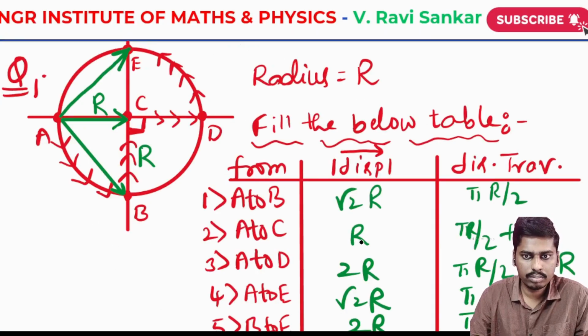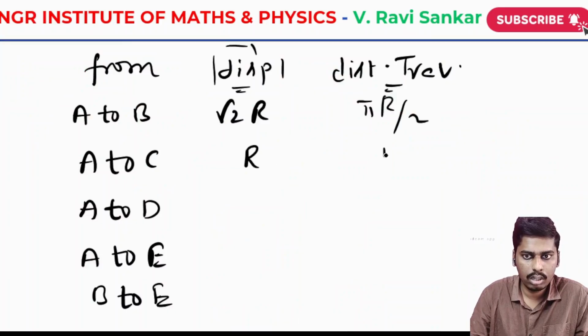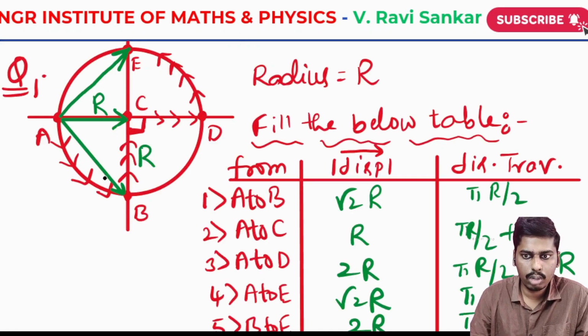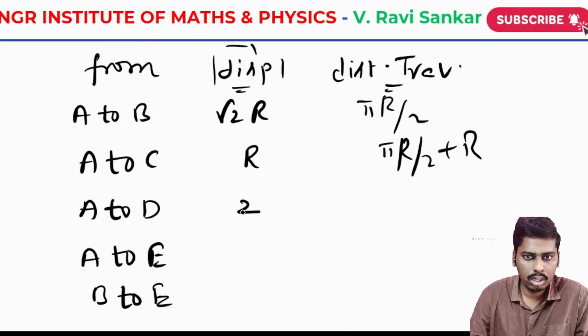And this is r, pi r by 2 plus r. And this is 2r, pi r by 2 plus 2r.